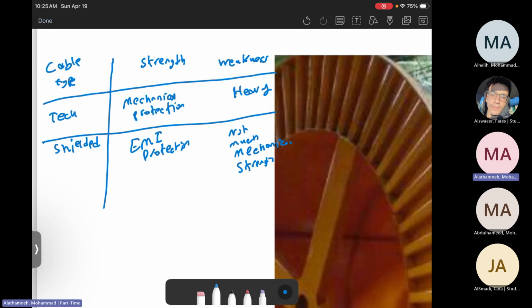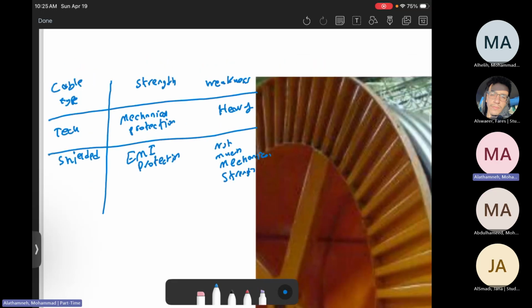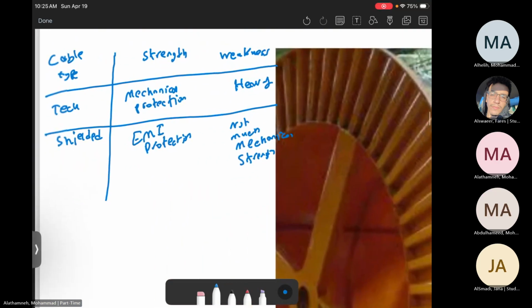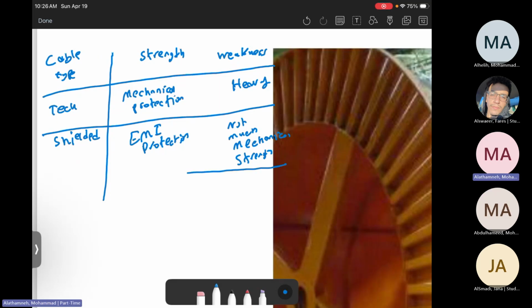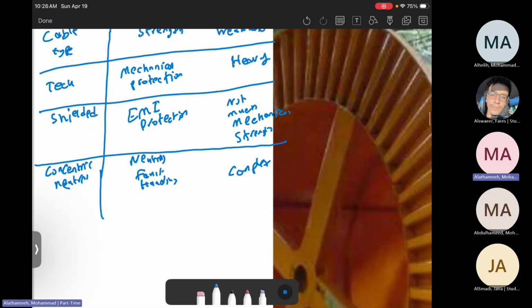Then after that, we have concentric neutral. This is used as neutral for fault handling. And the weakness is that it's complicated, complex. There is also the other one, the submarine.